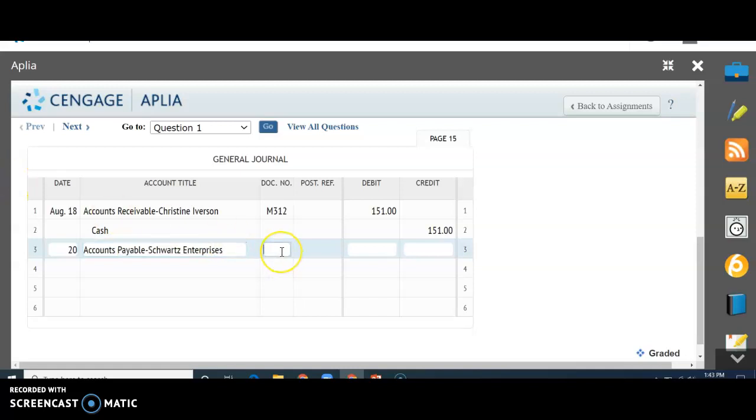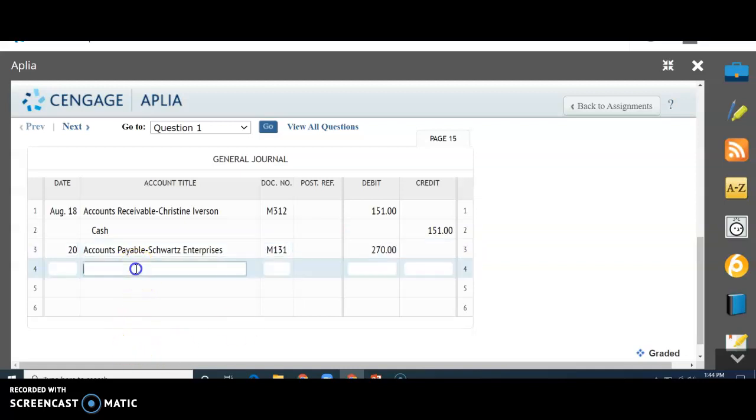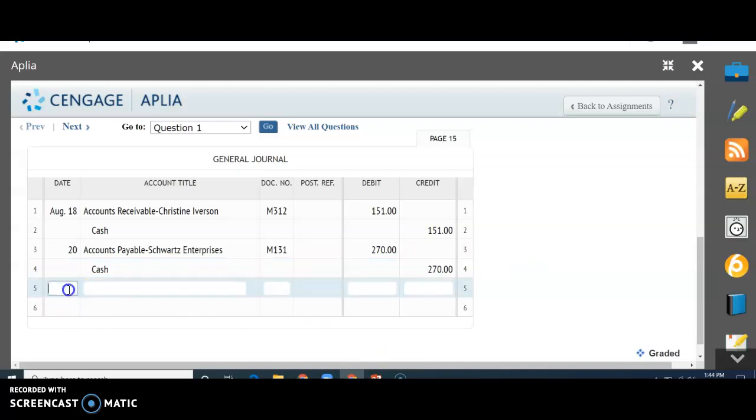Memorandum is 313 and the amount is $270, and we're going to credit cash to show that we paid that. Cash always goes down, or credits, when we pay something.